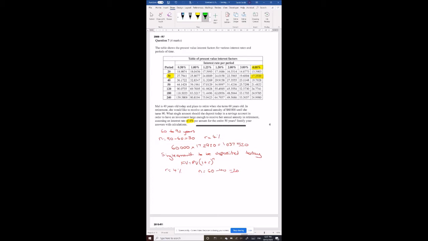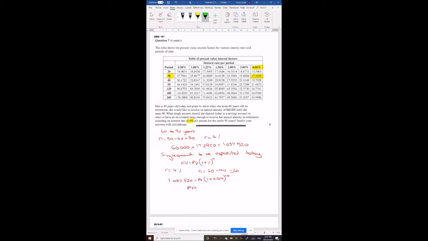We plug all of the information that we have into our formula. So our future value needs to be 1,037,520. It's going to equal our present value inside of 1 plus 0.04 to the power of 20.